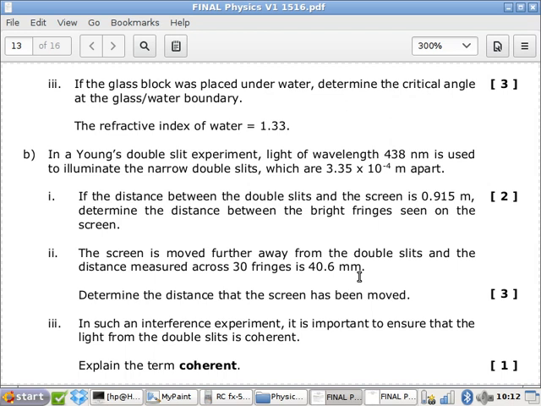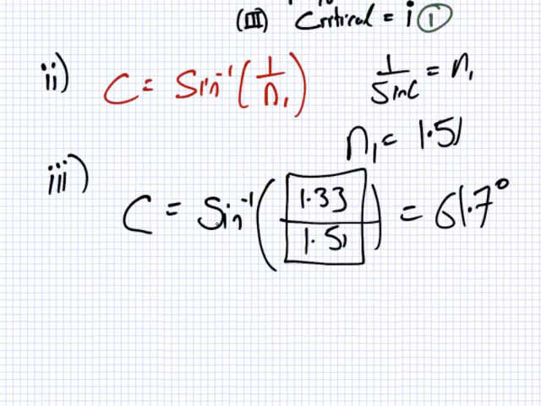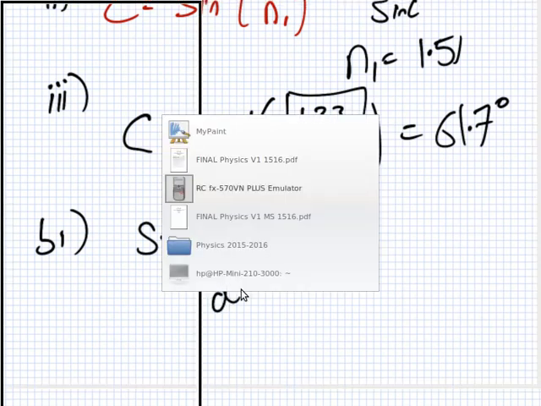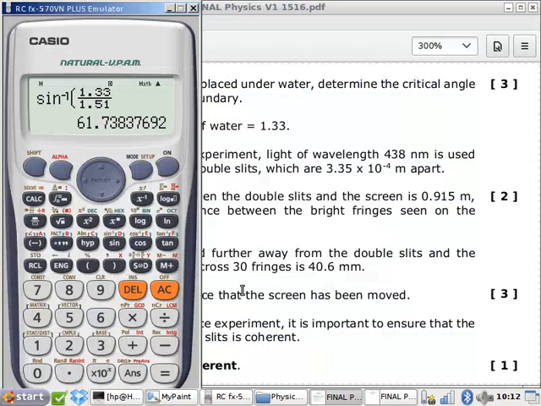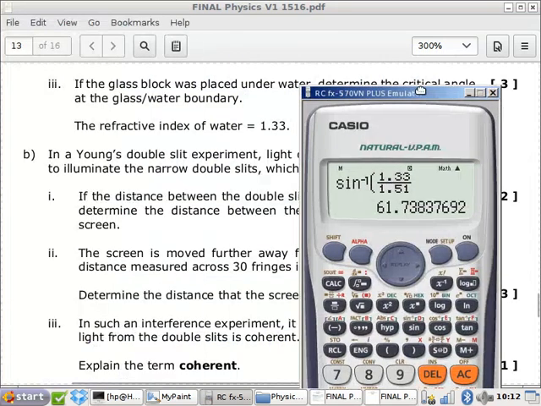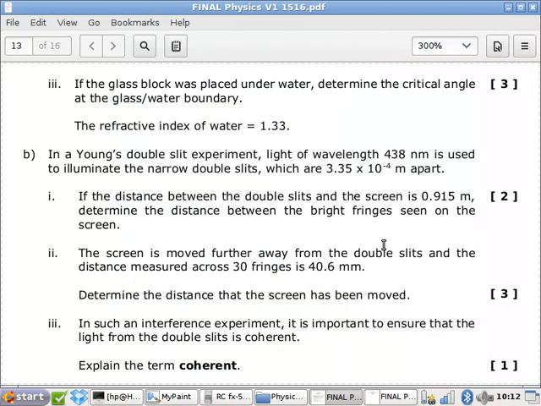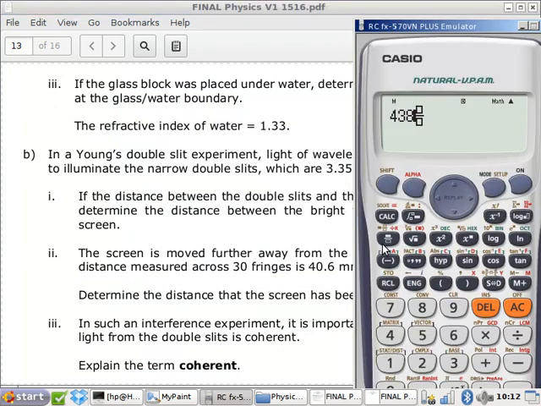Okay, we got the first one. So the formula is s equals lambda D over d. So what's the lambda here? 438 nano.